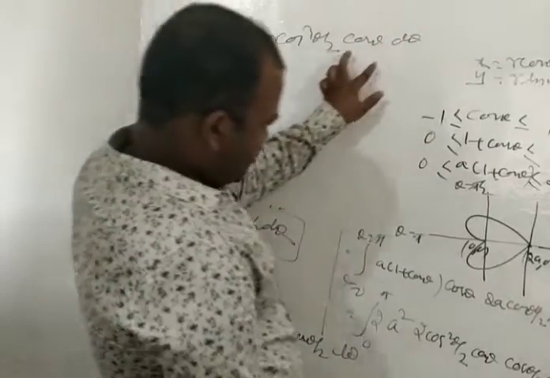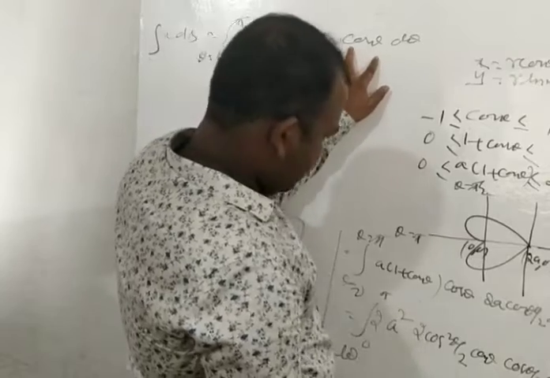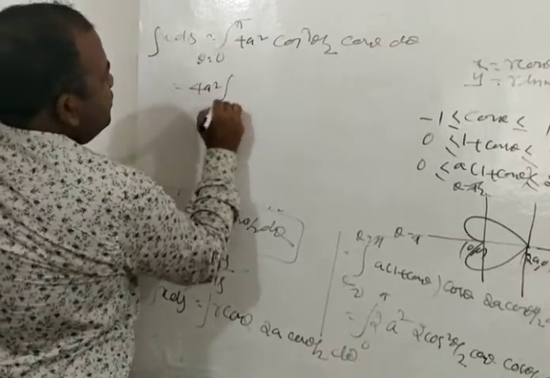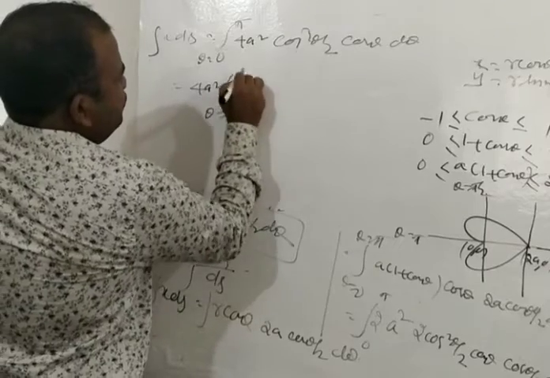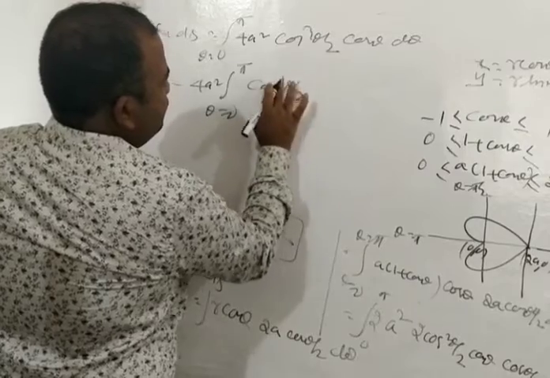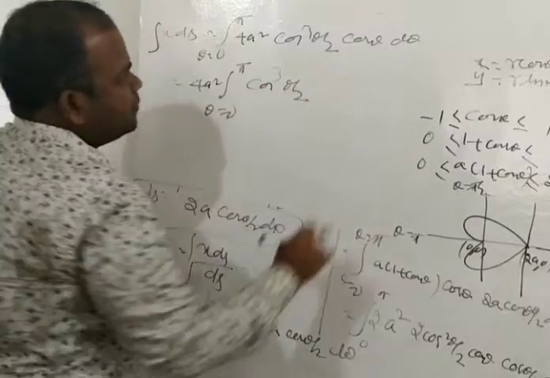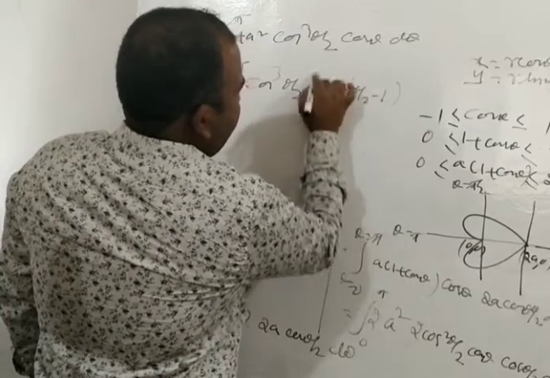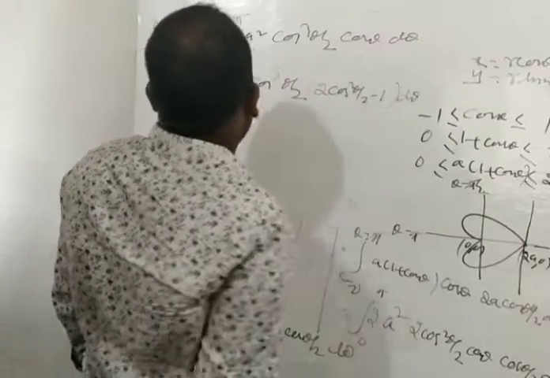So what is the value of cos theta? You convert cos theta in the form of theta/2. So this is 4a square, theta equals 0 to pi, cos cube(theta/2) into (2 cos square(theta/2) minus 1) d theta.